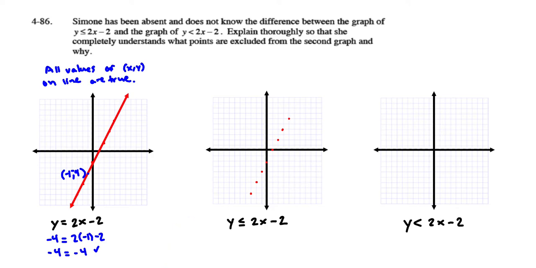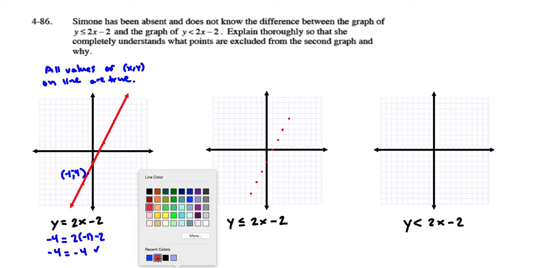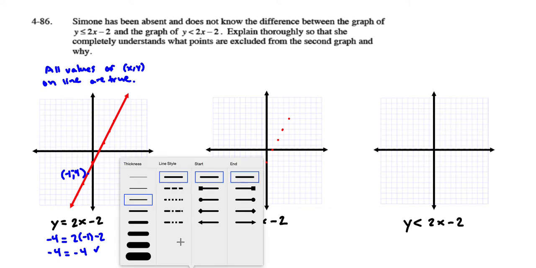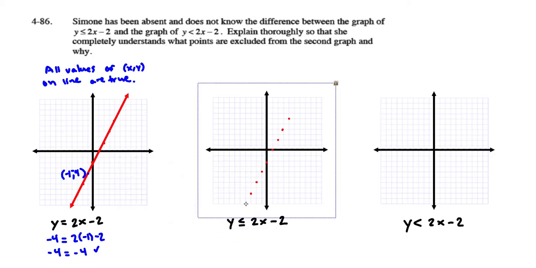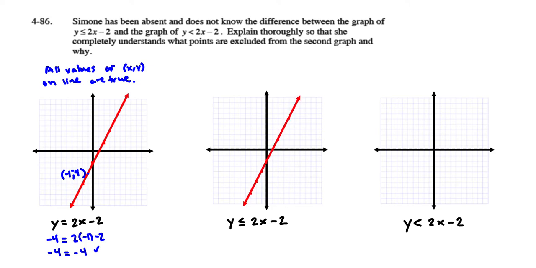Alright, let's go back to our line tool and put that on there real quick. Sorry, bear with me. It'd be nice if it just kept everything the same. That's not what we wanted to do. There we go.